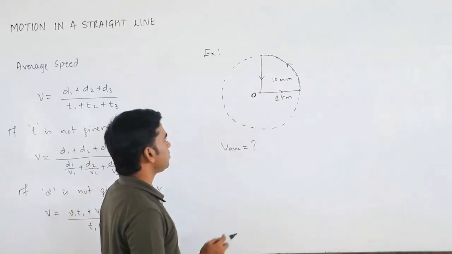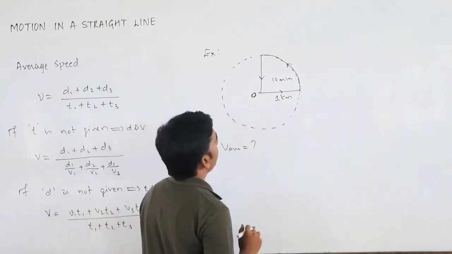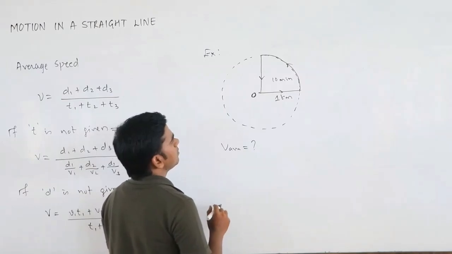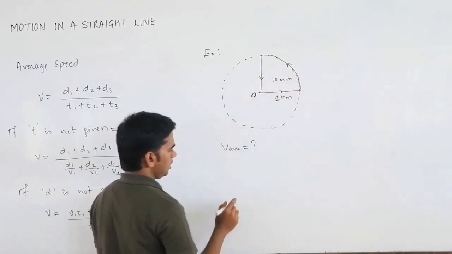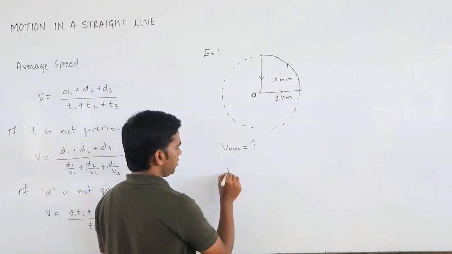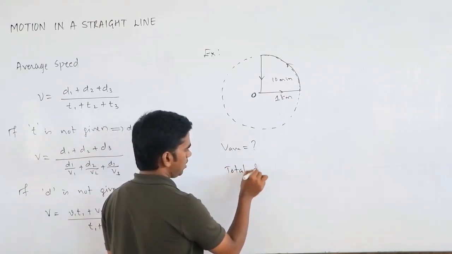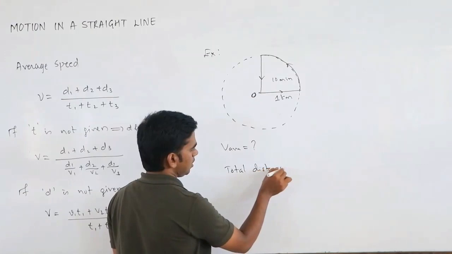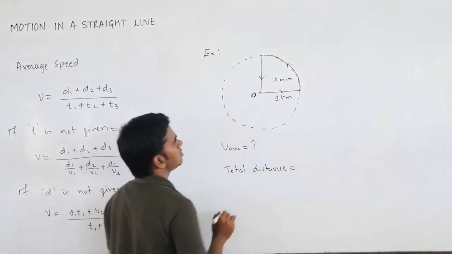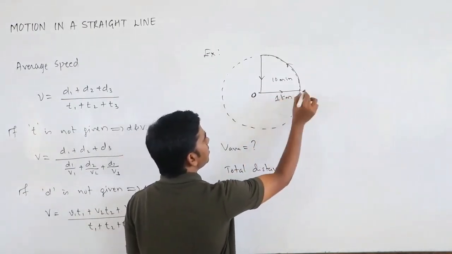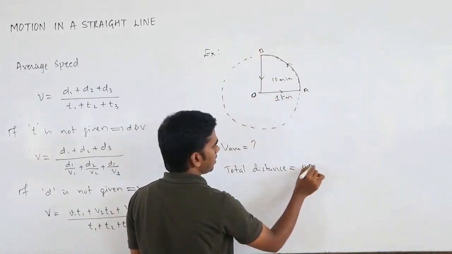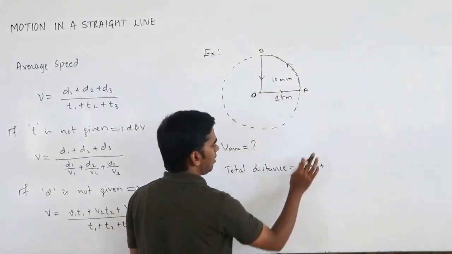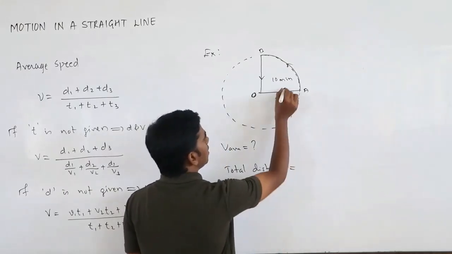Okay. So he started from O and again came back to O. So we have to calculate the total distance. What is the total distance? I will take this as A and B. From O to A, I will take it as D1.